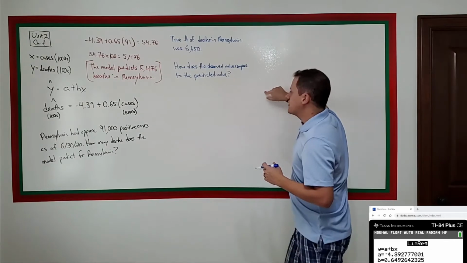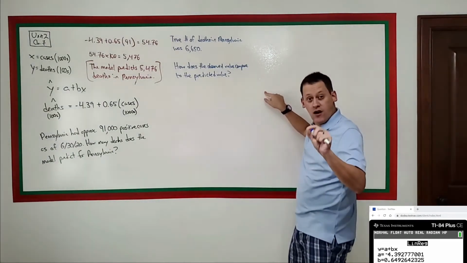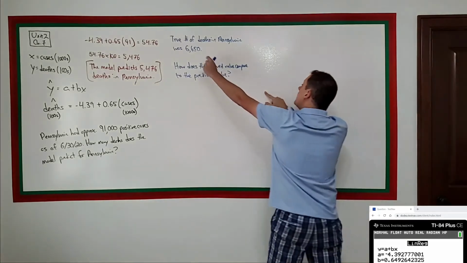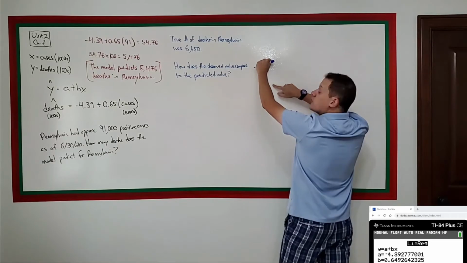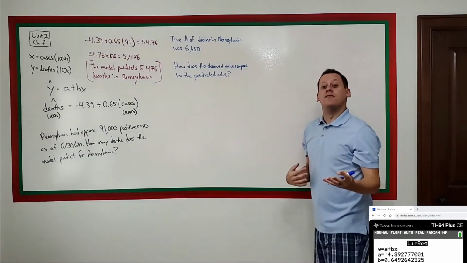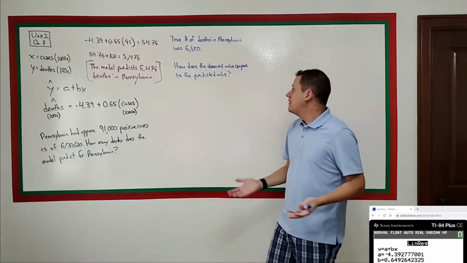The line predicts 5,476, but the true data value, the point on the scatter plot that represents Pennsylvania, is actually up at 6,650. So the line goes below the point. The point is above the line. How far is that point above the line?